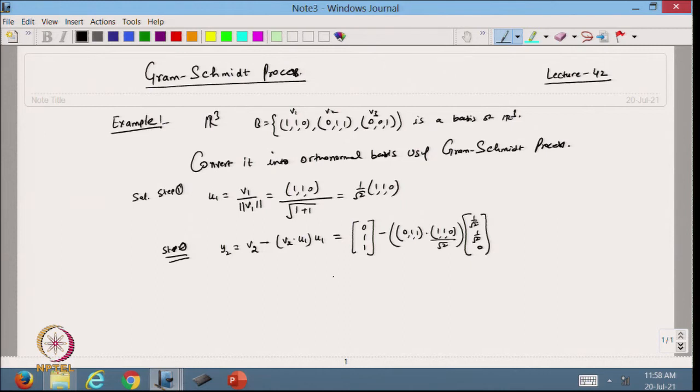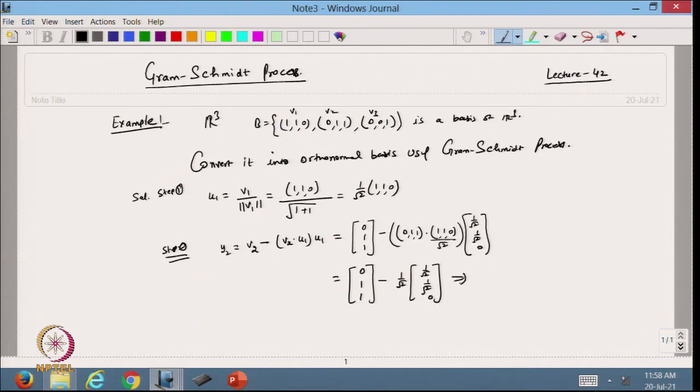So, how I am going to solve this is that I can take 1 by root 2 common, no problem. The dot product of 0 1 1 with 1 1 0 gives 1, so it becomes 1 by root 2 times 1 by root 2, 1 by root 2, 0.